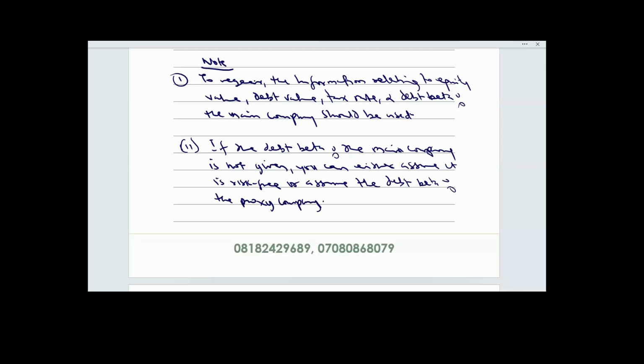So whichever one that is convenient for you. Again, always assume that once you are not given, you don't need to stress yourself. Just ignore it. It's risk-free. So that's as per that.